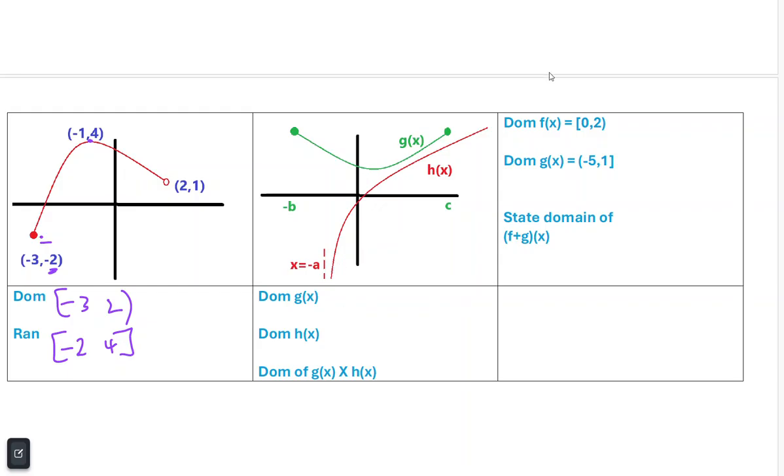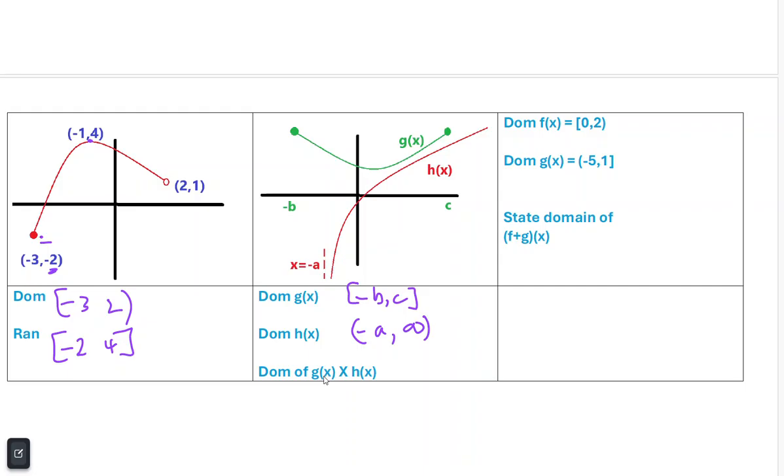So the domain of G is from negative B across to C, inclusive, inclusive. The domain of H is minus A, not inclusive, all the way to infinity.